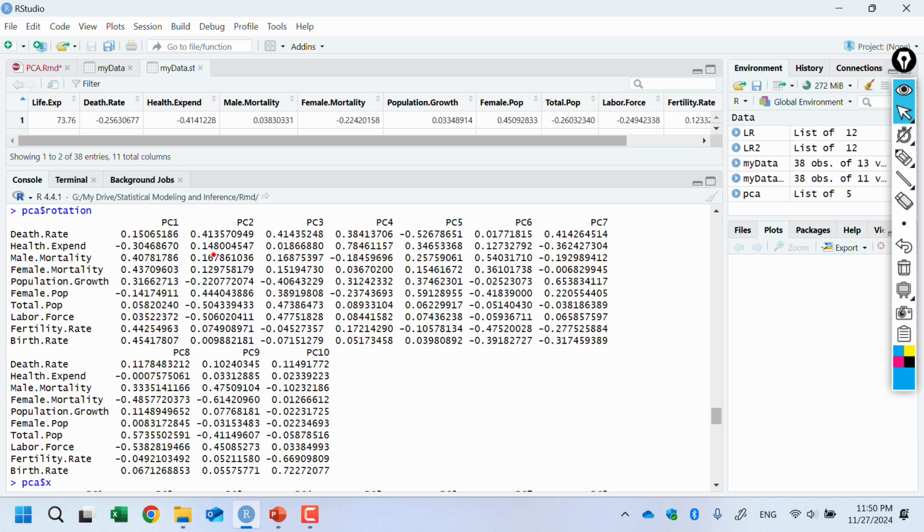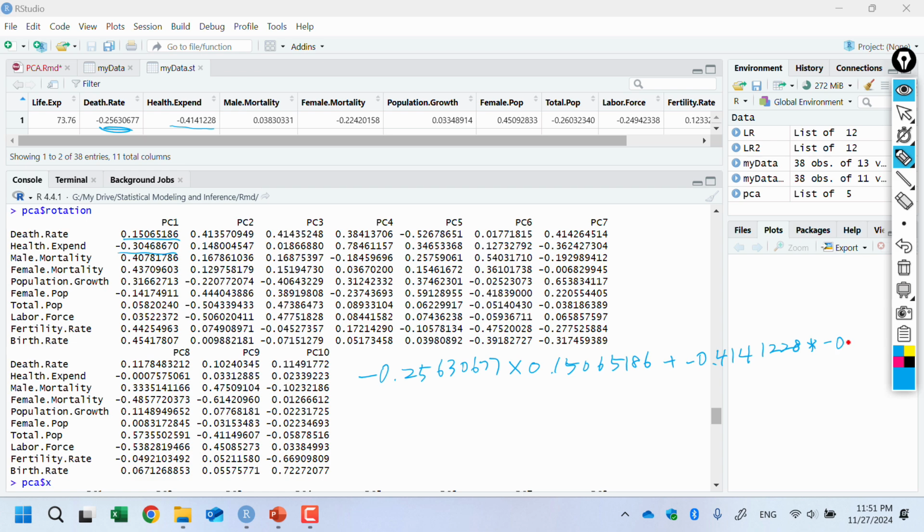So I can calculate here minus 0.25630677, which is this number, times this number, right? 0.15065186, plus, and the health expenditure, this is minus 0.414128 times this one.